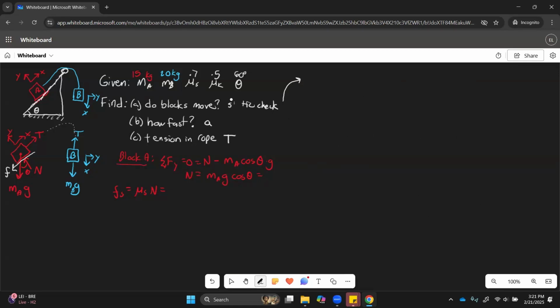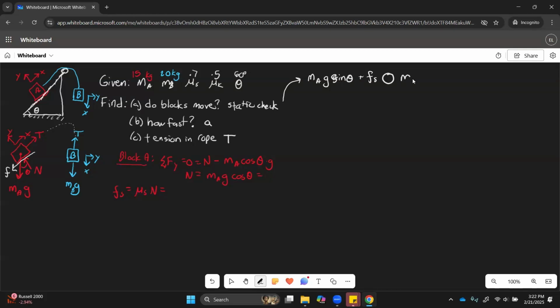Okay, so then doing that static check, now we only have one part to do, and that is to see if the blocks move or not. So we're going to need to figure out mass of A times gravity times sine of theta, same as before, plus the static friction.